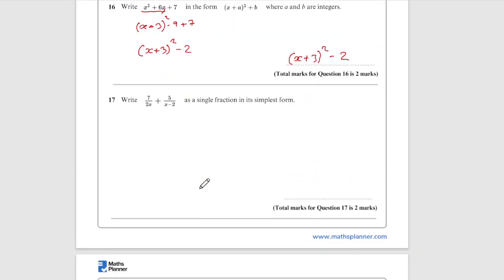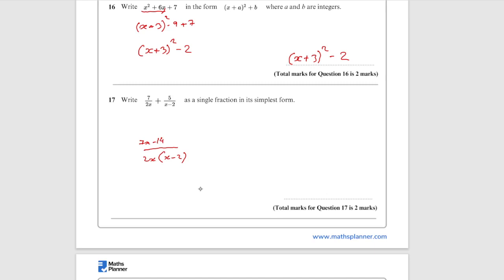Okay, question 17. Write 7 over 2x plus 5 over x minus 2 as a single fraction in its simplest form. So I'm going to put it over the common denominator of 2x times by x minus 2. To do that, I need to times the first fraction by x minus 2. So that would give me 7 times x is 7x minus 14.